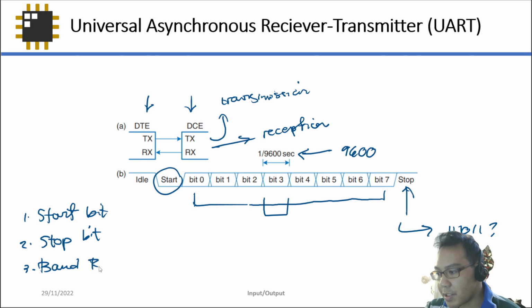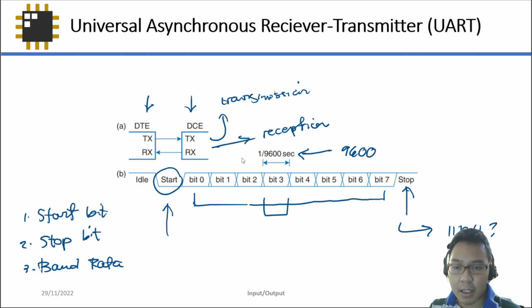So how does the receiver take advantage of this? Well, let's see. For a single UART communication to take place, the receiver waits for the start bit. Usually, that is when the idle state, that is VDD, goes down to 0. So then that signifies the start. Now from the start, it counts half the baud rate, and then it counts one baud rate, and it ends up in the middle of bit 0.